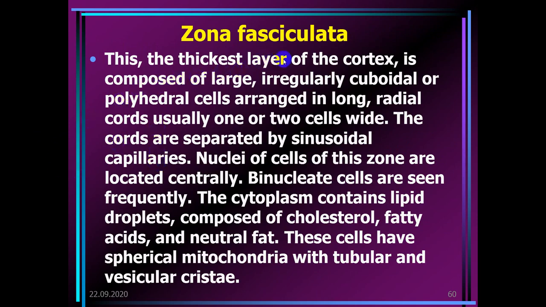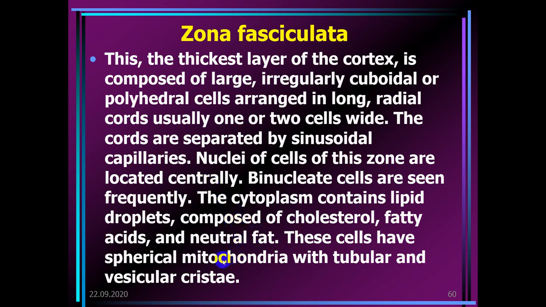Next zone, zona fasciculata. It is the thickest layer of the cortex, composed of large, irregular, cuboidal or polyhedral cells arranged in long radial cords, usually 1 or 2 cells wide. The cords are separated from one another by sinusoidal capillaries. Nuclei of cells of this zone are located centrally.